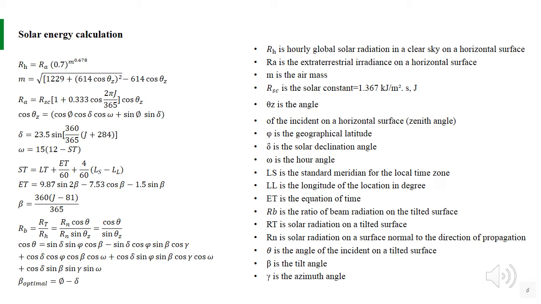Solar radiation is the rate at which the sun's radiant energy impacts a surface per unit area, and the hourly global solar radiation in a clear sky on a horizontal surface. Here we can see the solar energy calculation.